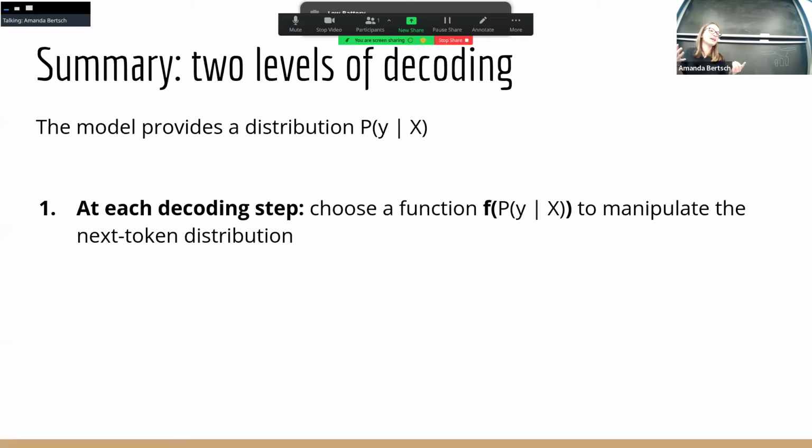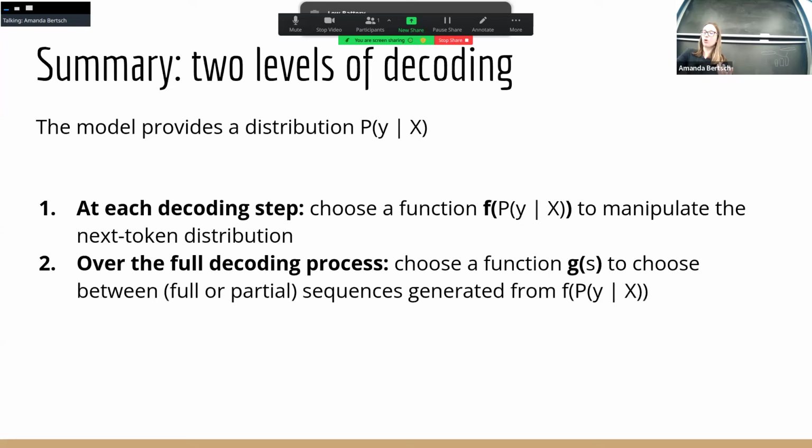This could be something like cutting off the long tail, modifying the temperature, or adding external information from another model or from a discriminator model, right? Or we can, over a larger part of the decoding process, choose some function to choose between sequences. This could be like choosing between next tokens in beam search when we're pruning beams. This could be choosing from full sequences when we're doing something like MBR or sample and re-rank methods.